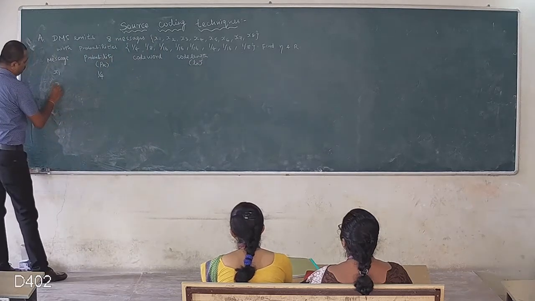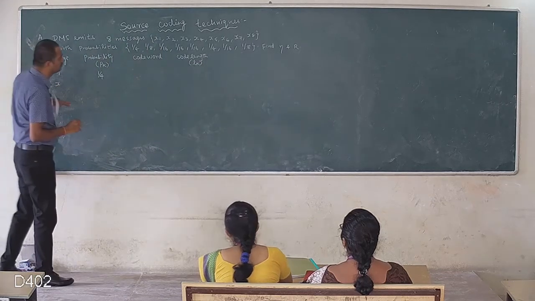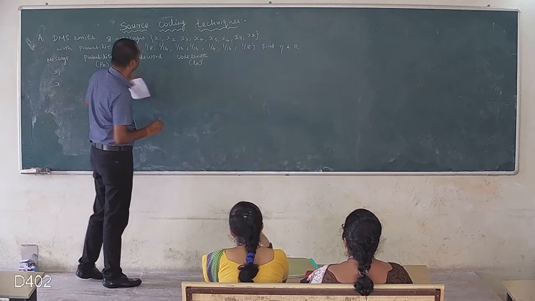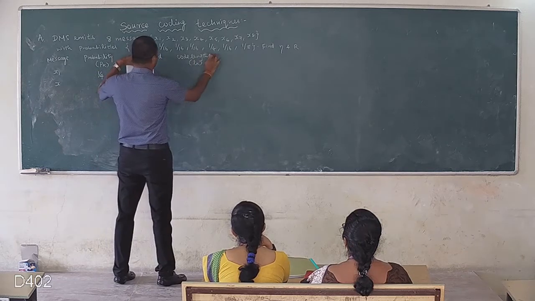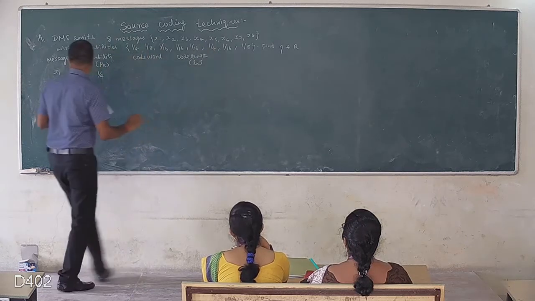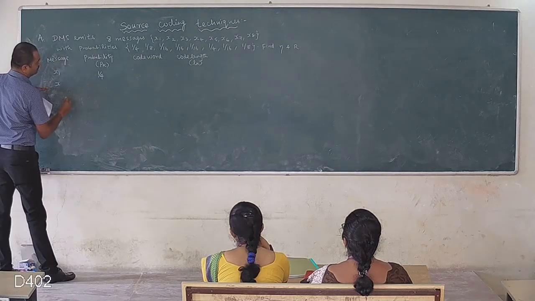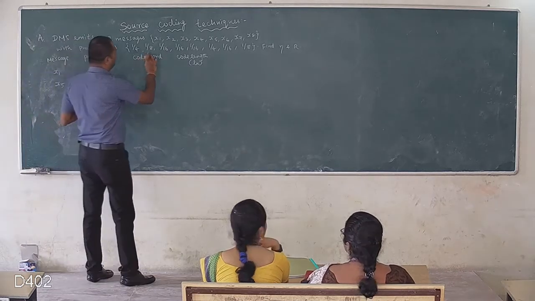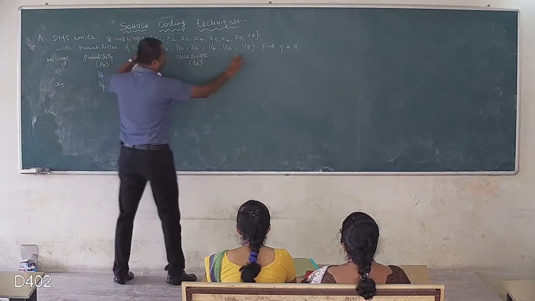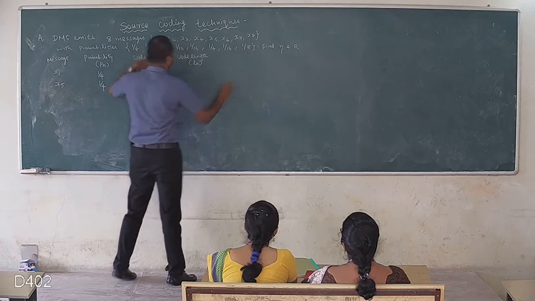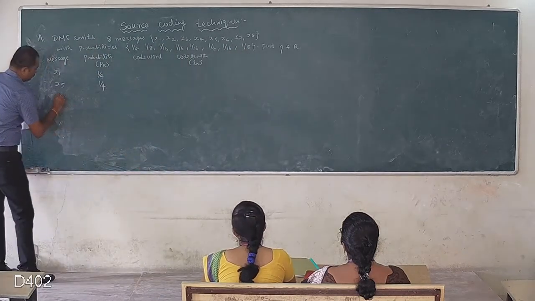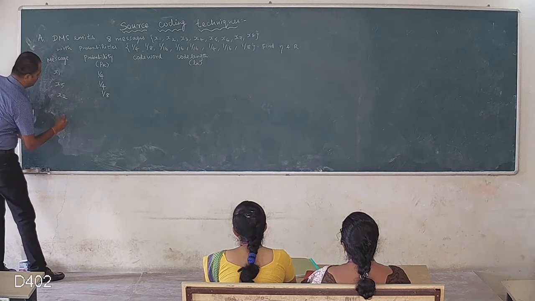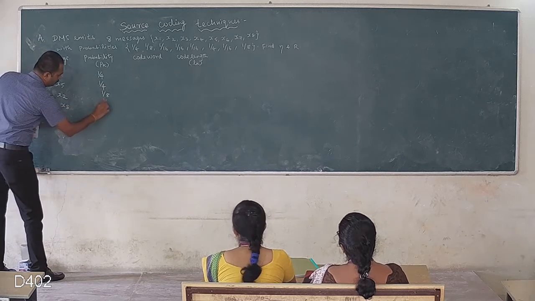One more 1 by 4 is there, that is x5. Sorry. So x1 is 1 by 4, x5 is 1 by 4, followed by 1 by 8 for x2 and for x8.